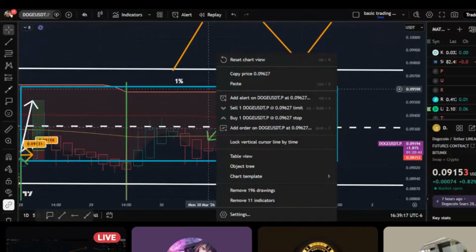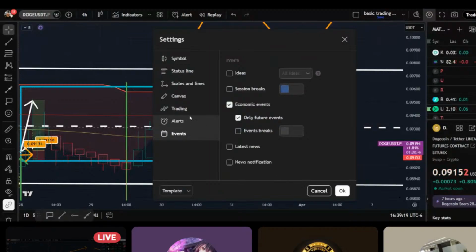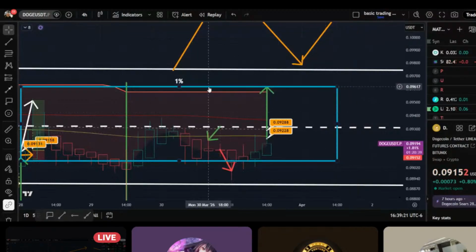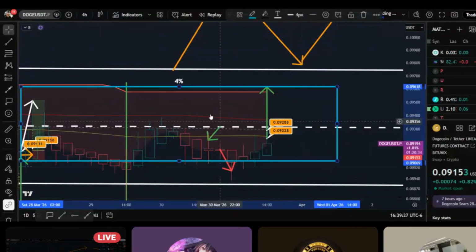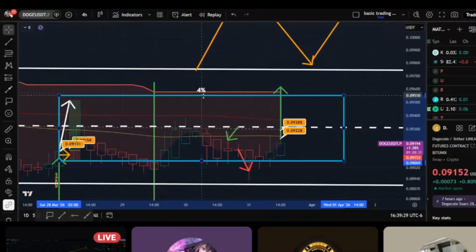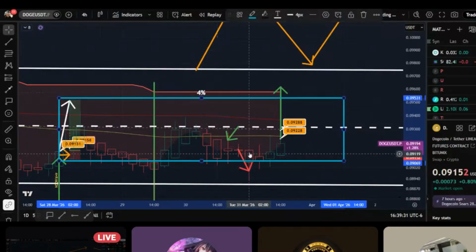So this is kind of where we're at right now. This is a very systematic trade. It's a 4% move on basics right here, and right now it's just finishing up. So there's nothing hard about this trade, right?